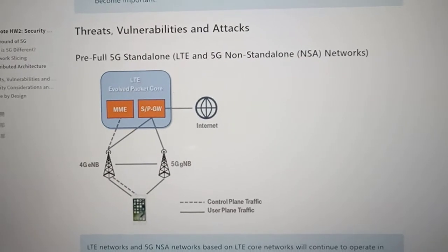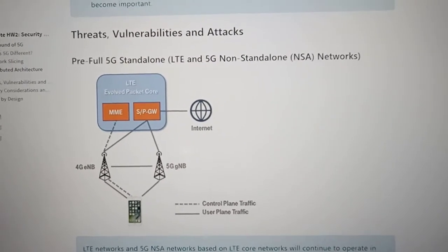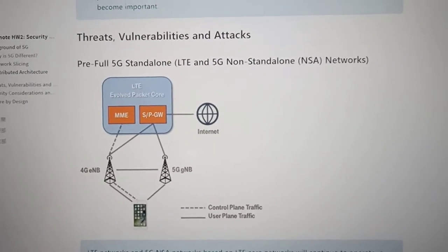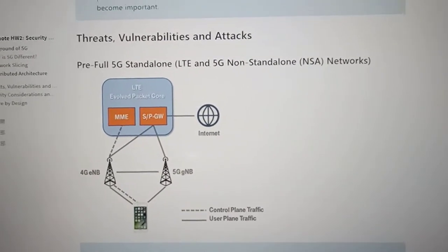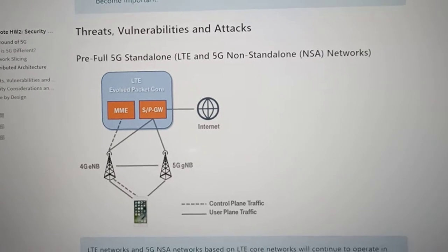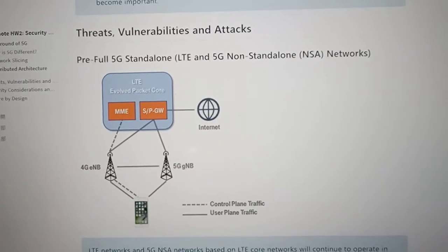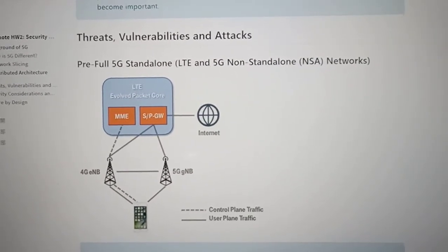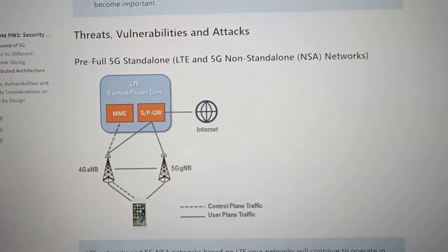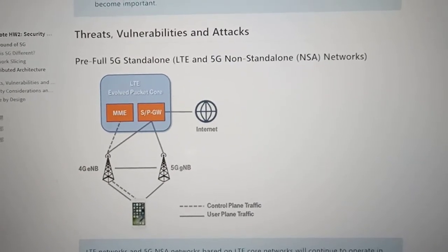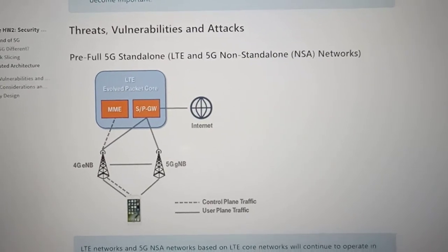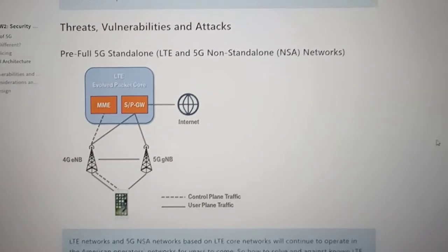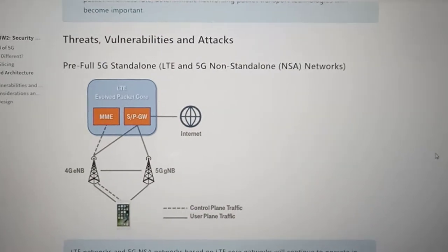So we can see in this architecture we have the 5G gNB, the 5G antenna, and the 4G eNB, the 4G antenna. With these two generations of antennas connected to the core network, we can achieve the preferred 5G network.